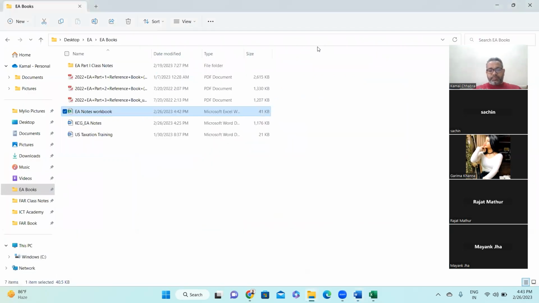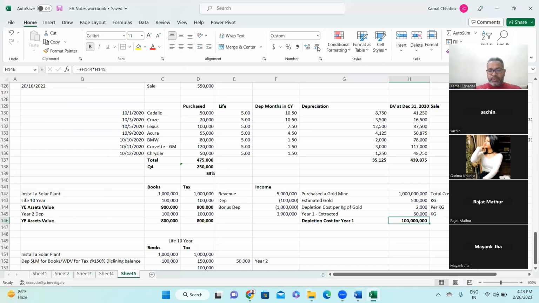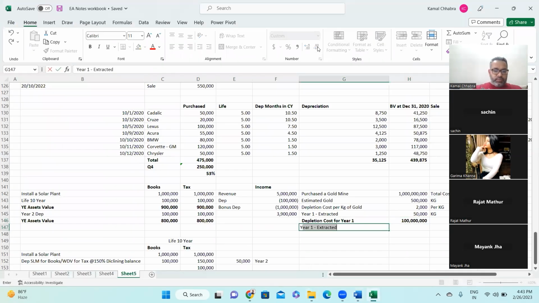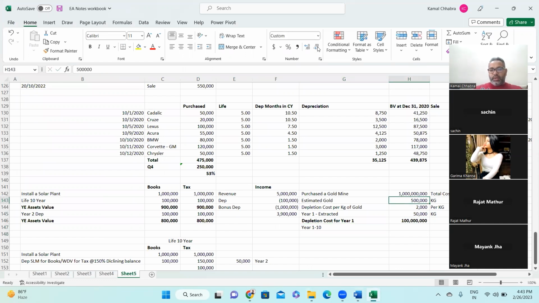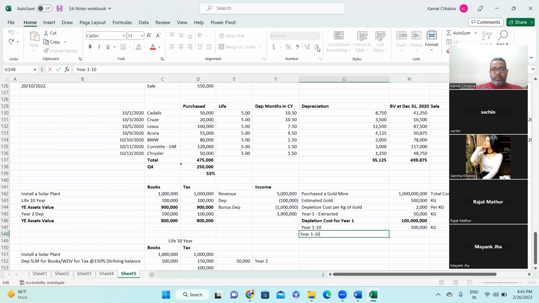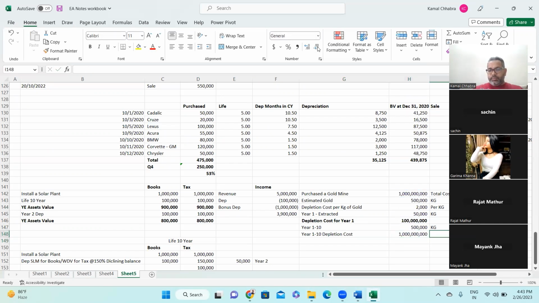For example, in this example, let's assume in years 1 to 10, you have extracted the entire 500,000 kg. So in years 1 to 10, the depletion cost you have incurred is the entire $1 billion, right?